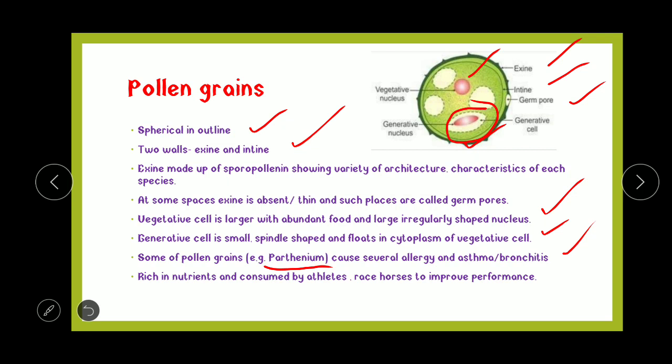Another is commercial importance. Pollen grains released by flowers are rich in nutrients, and they are consumed by athletes and race horses to improve their performance.